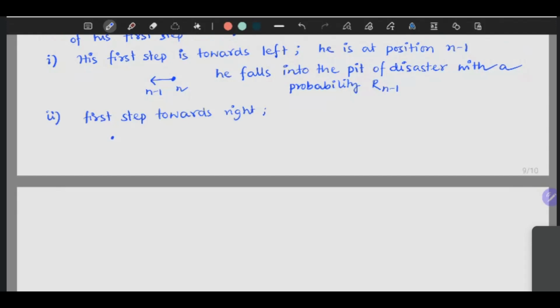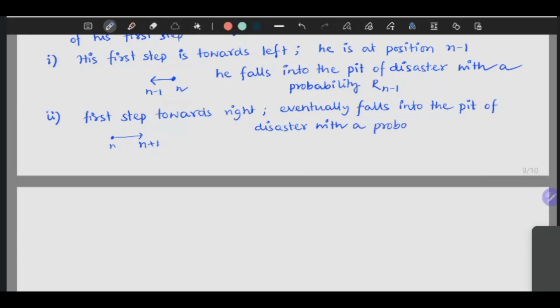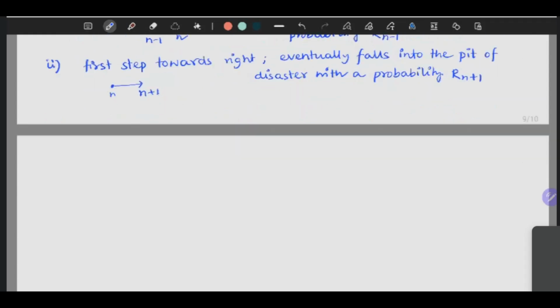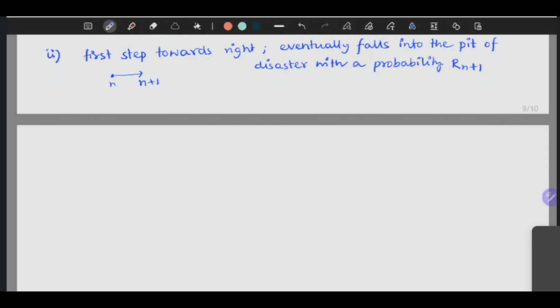That means from n he will be at position n plus 1, and eventually falls into the pit of disaster with probability R_(n+1).